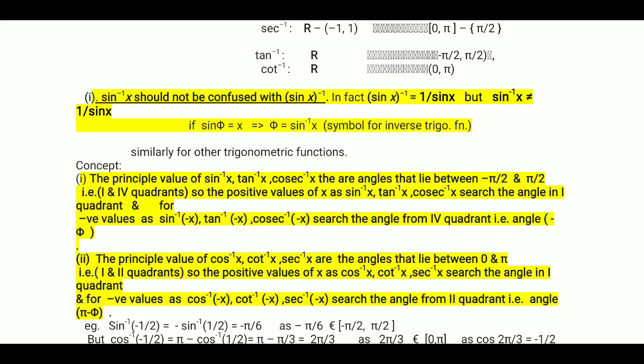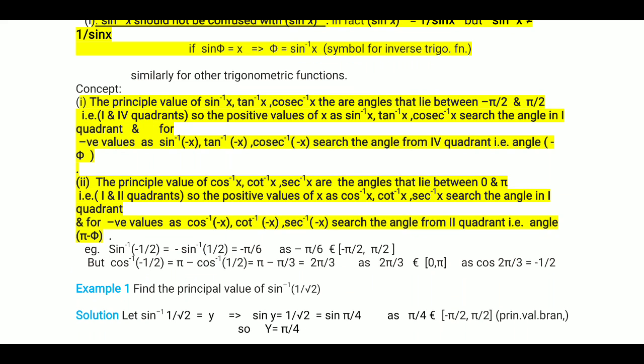So for positive values of x as sine inverse x, tan inverse x, cosec inverse x, we search the angle in the first quadrant, and for negative values as sine inverse minus x, tan inverse minus x, cosec inverse minus x, we search the angle from the fourth quadrant, and that is the negative angle.